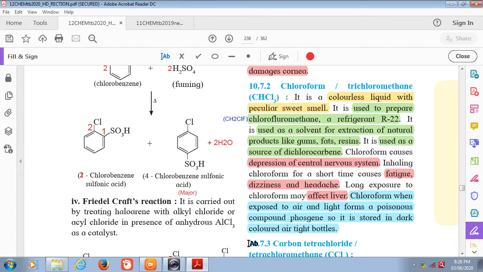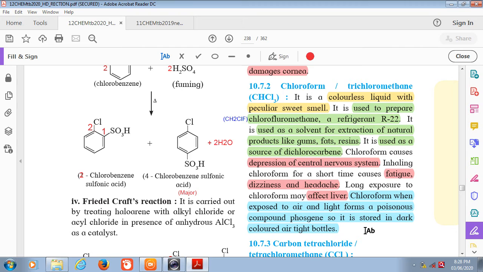And one important thing is that when it is exposed to air and light, it forms a poisonous compound, phosgene. So it is a toxic compound, and to avoid this, chloroform is stored in a dark colored airtight bottle.